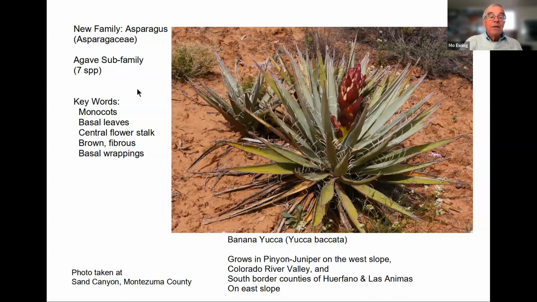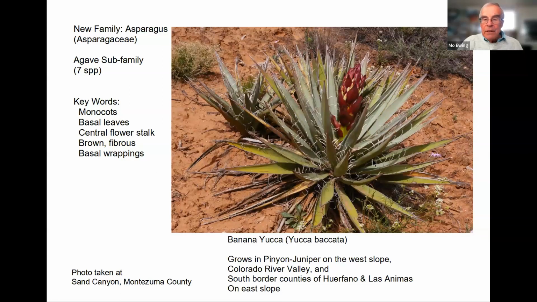And in that subfamily of the asparagus family, keywords were monocots. Okay, so we're back to monocots. And you can't really see them here, but when you get leaves that are long and thin like this, you very often will see the veins run from the base to the tip and not be shaped like a little feather or a tree.